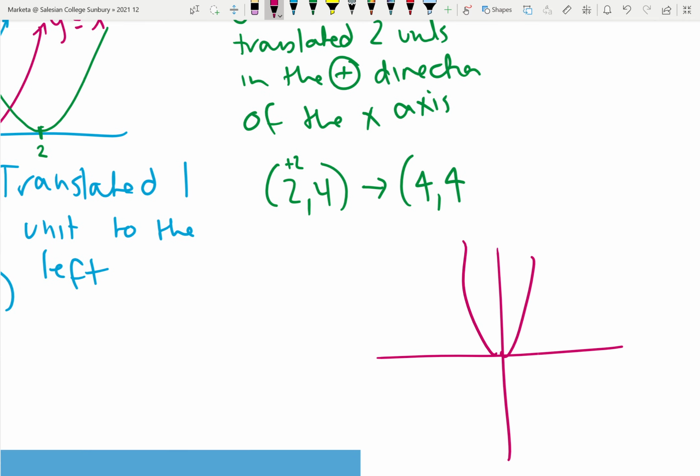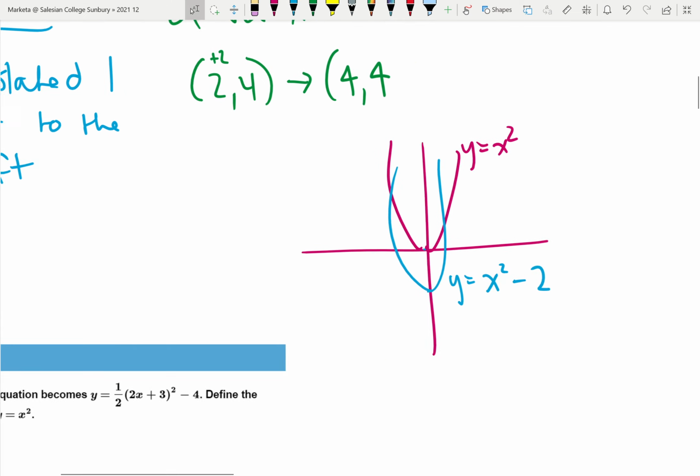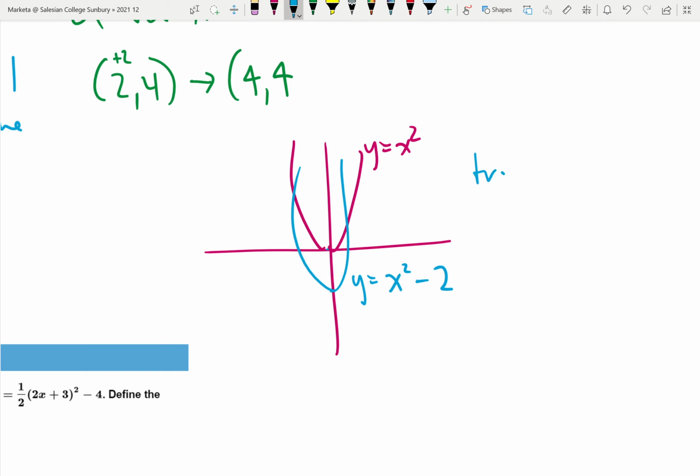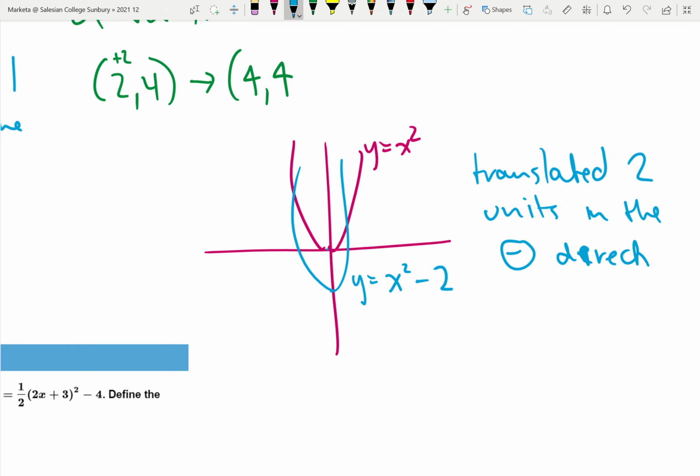So here will be y equals x squared, and from the parent graph -2 we're going down 2 units, y equals x squared minus 2. So this one we could call translated 2 units down, or 2 units in the negative direction of the y-axis.